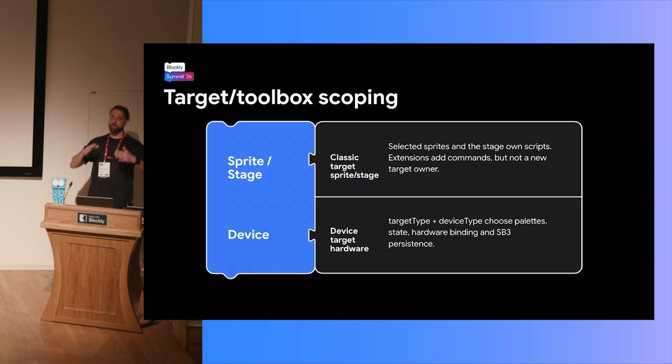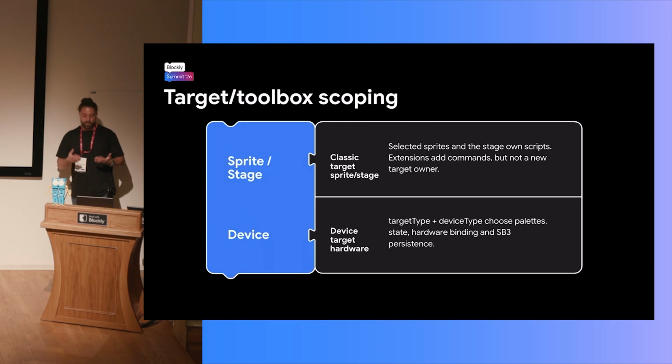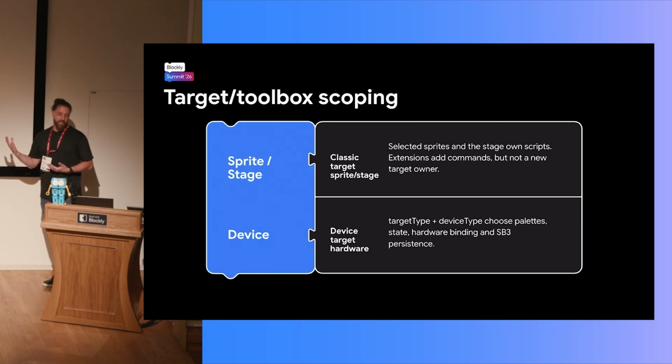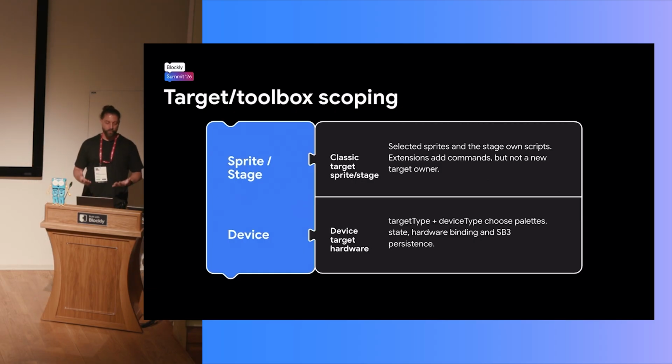That keeps the environment from becoming one large mixed hardware palette. The selected target sort of drives tool visibility. So the editing experience can maintain the same rule we said before: select the thing you want to program and then write or see the variables and the context that belong to that thing.